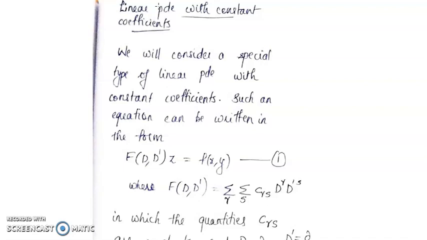So you will not have a term like dy by dx into d square y by dx square. There is no product between the derivatives or the derivatives and the dependent variable. So you will not have a term like y into dy by dx.